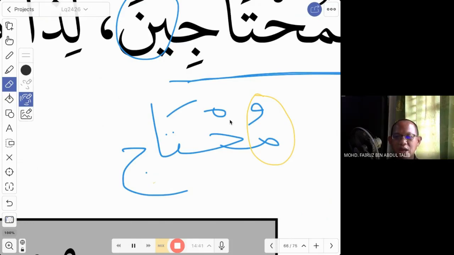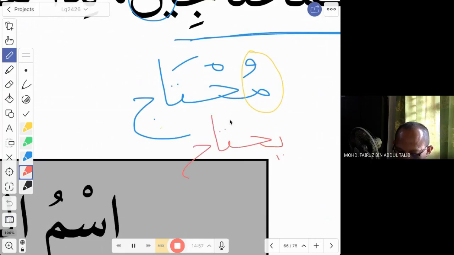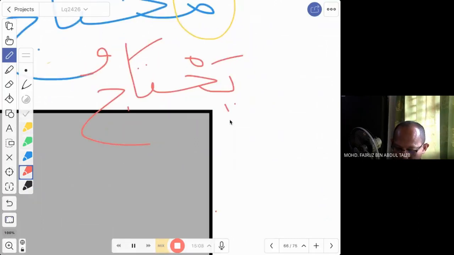So muhtajun, this is the isim fa'il. From the fi'il, what is the fi'il? Change the mim to a ya. The fi'il is yahtaju, from the wazan yafta'ilu.